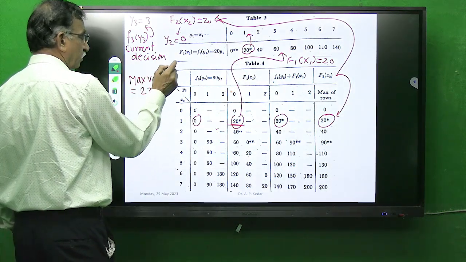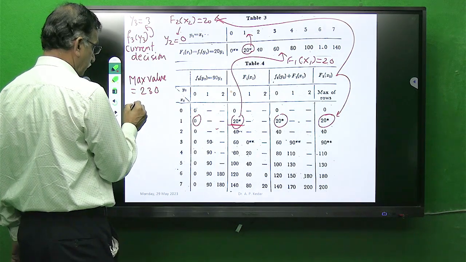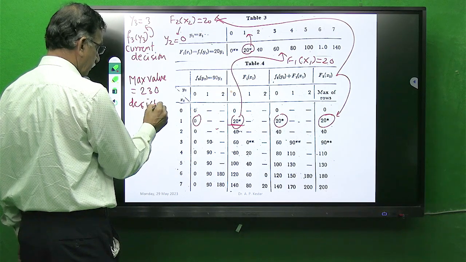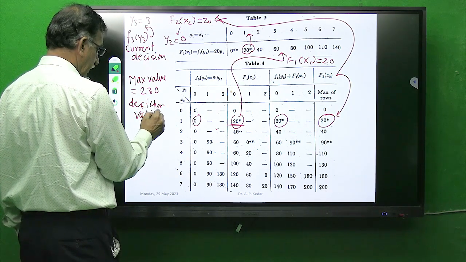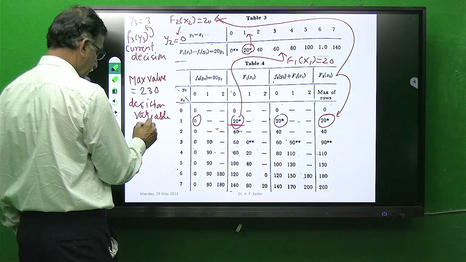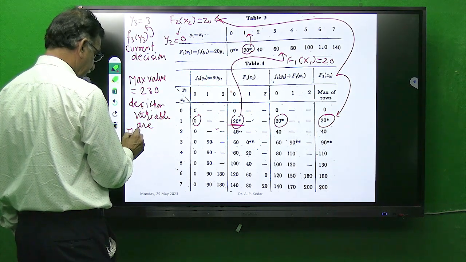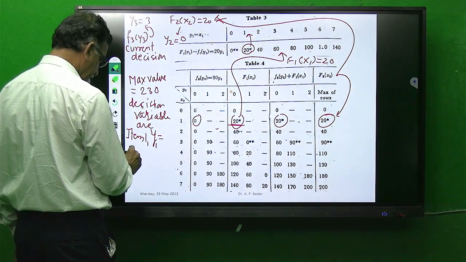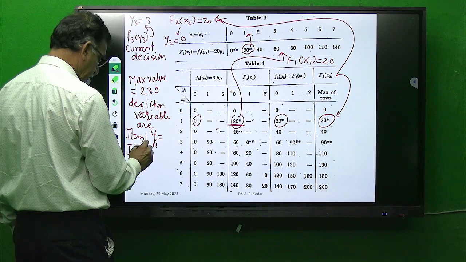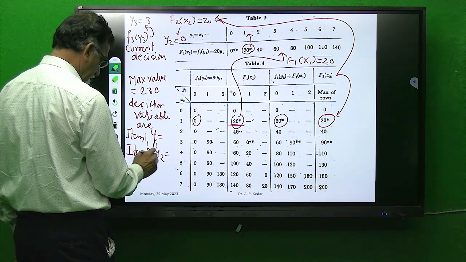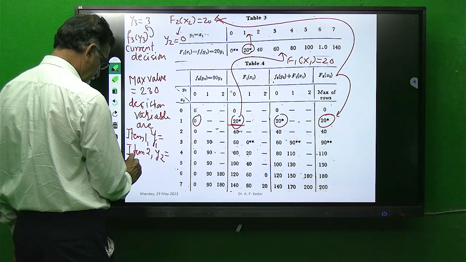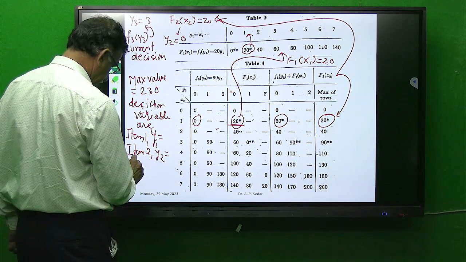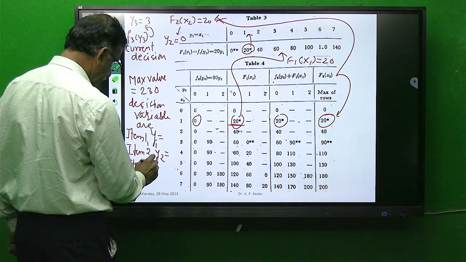So here, if I take that 230, the decision variables are: we have taken item 1 as y1, item 2 as y2, and item 3 as y3.